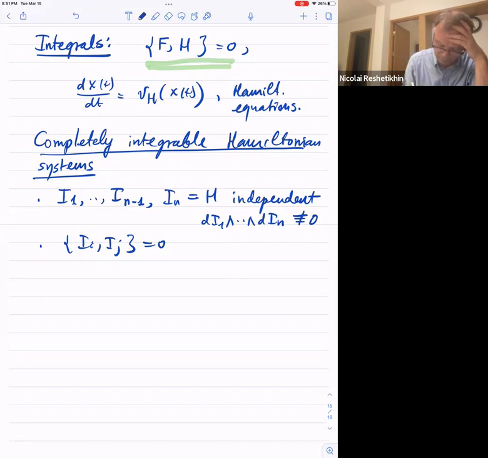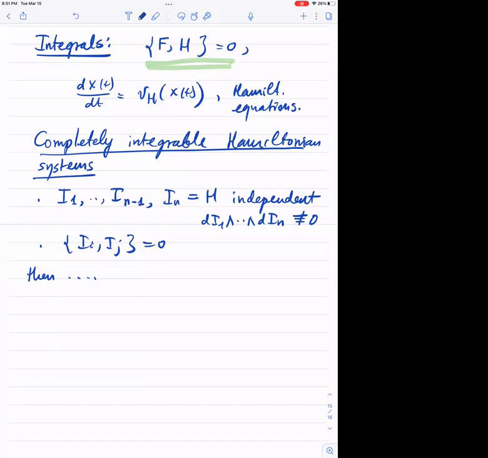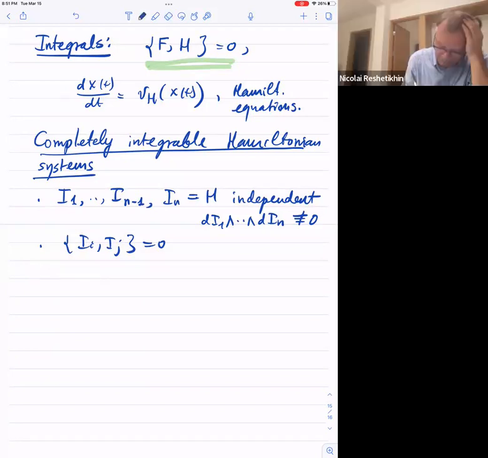The Poisson bracket is zero, and so then there are many nice features. I can tell about it later, but actually, I can say about it now.